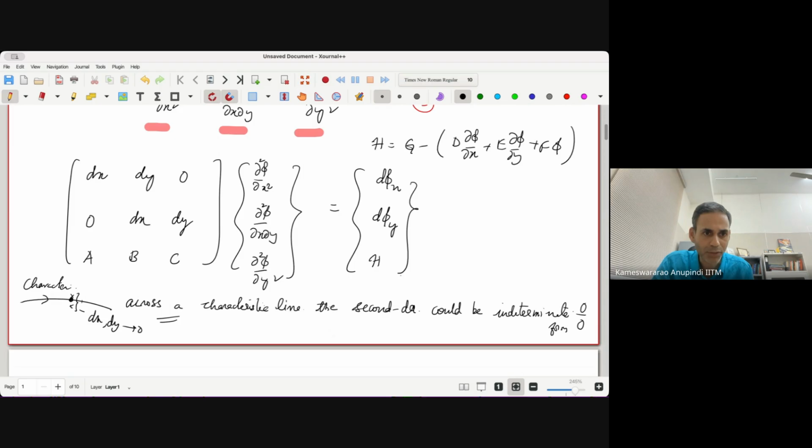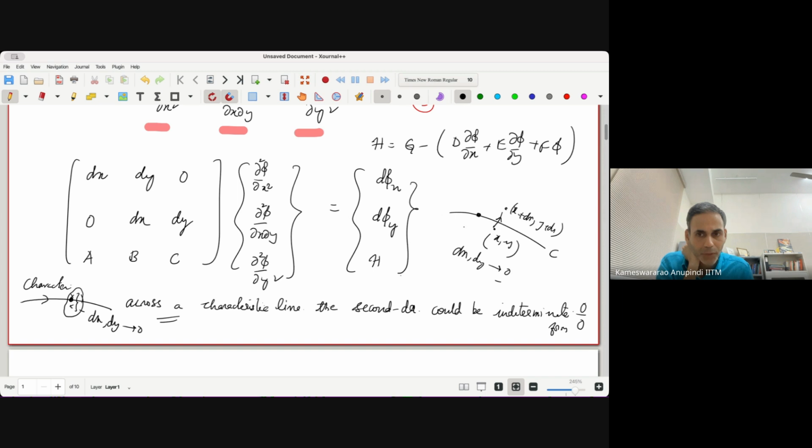But the way we are trying to solve it is, we take 2 points on either side of the characteristic. Let us say this is xy, and then you have x plus dx and y plus dy, and you are essentially saying that dx dy tend to 0, which gives you the concept of derivative, right? So when we say I'm calculating the derivative across this thing, we are actually calculating the derivative on this line, which happens to be one point along the line.